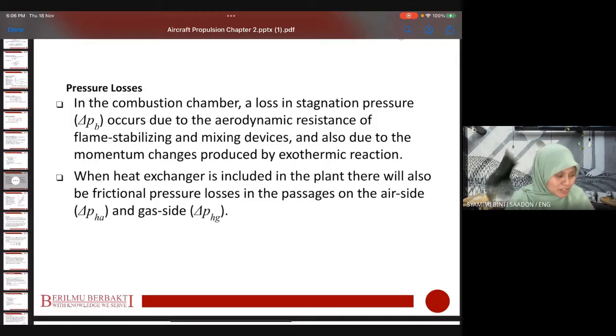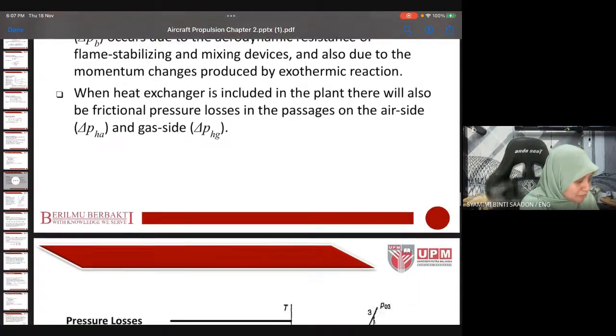There is also sometimes frictional pressure loss in the passage, at the air side, the working fluid air, or at the hot gas after the mixing of fuel and air. So there will be some frictional pressure loss as well.